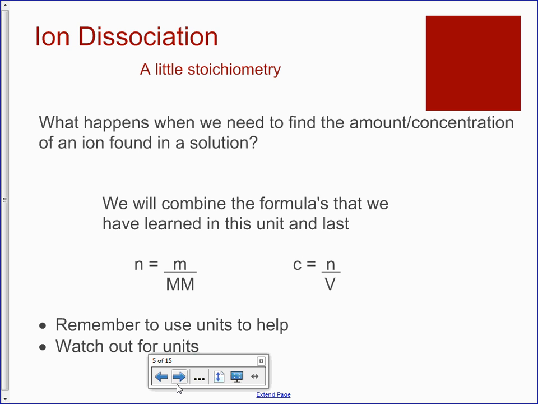In order to do this, we have to combine the formulas that we learned in this unit and last unit. So now we're going to start building on what we learned last unit in terms of those calculations. We're going to expand upon the number of equations that we can draw on and use.